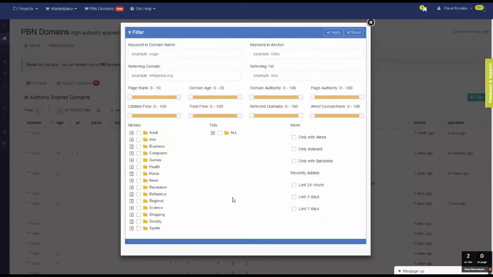You can search within referred domains. Like, you know that domains with a link from Wikipedia, from other very high authority sites, go as a special batch of domains.